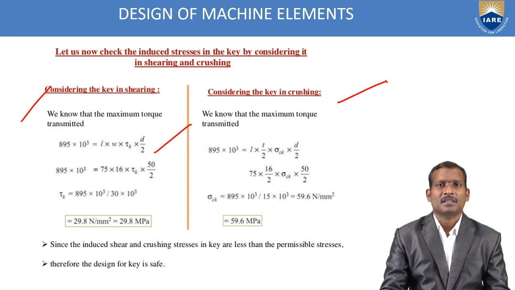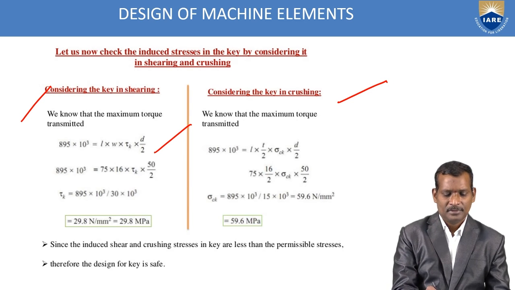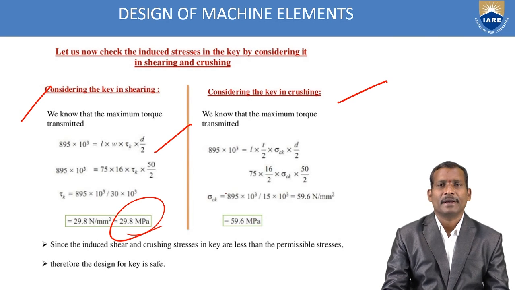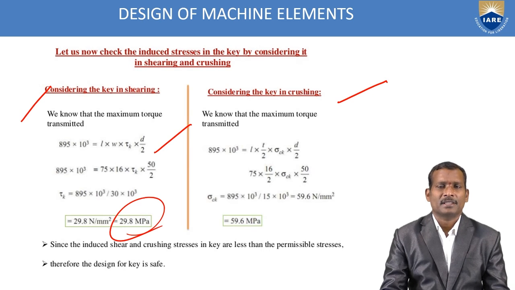By using this empirical relation, you can calculate the shear stress induced in the key, 29.8 megapascal. Similarly calculate crushing strength.